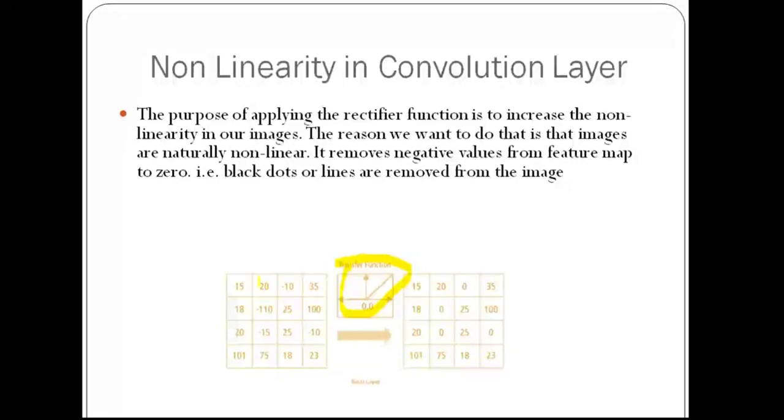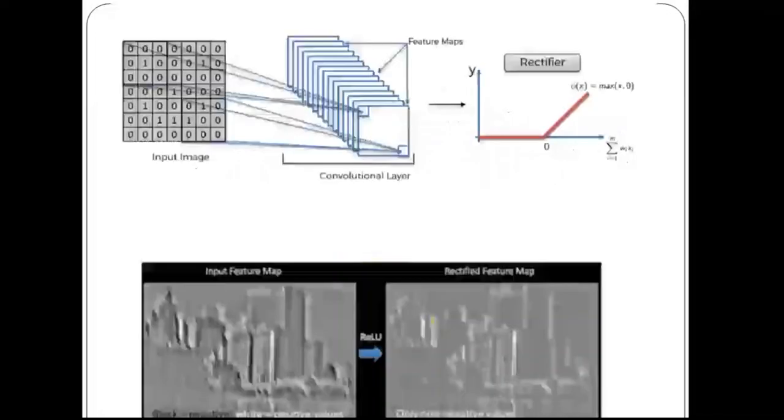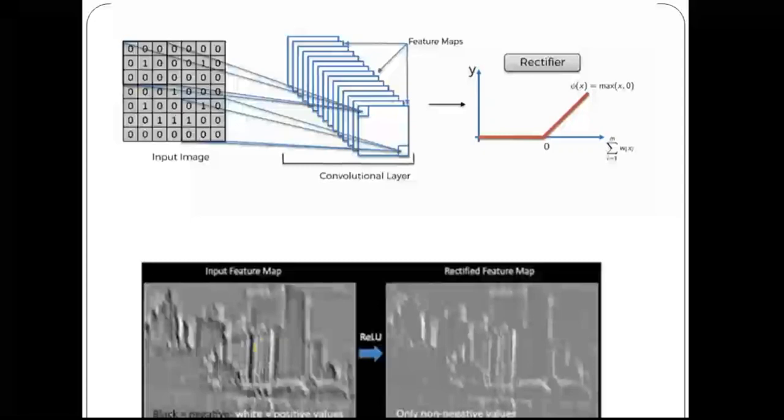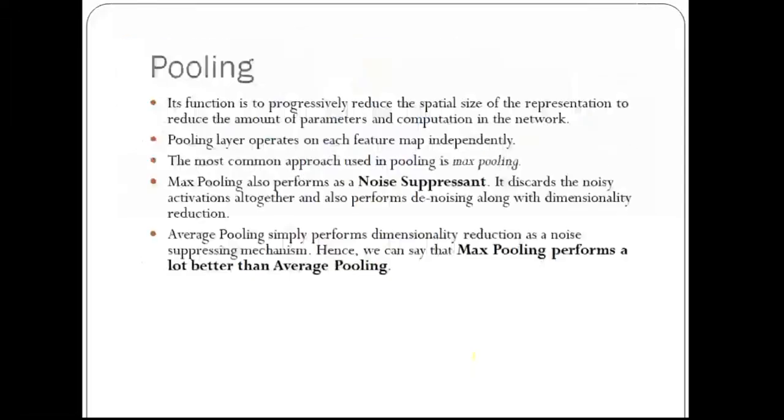So what is x? x is this value. What is the maximum of 20 and 0? 20 is the maximum value, so the output is 20. But here the value is minus 15. Minus 15 is less than 0, so we keep 0 instead of minus 15. So the output can be seen here. The black lines after the ReLU function are missing. So this is by introducing the non-linearity.